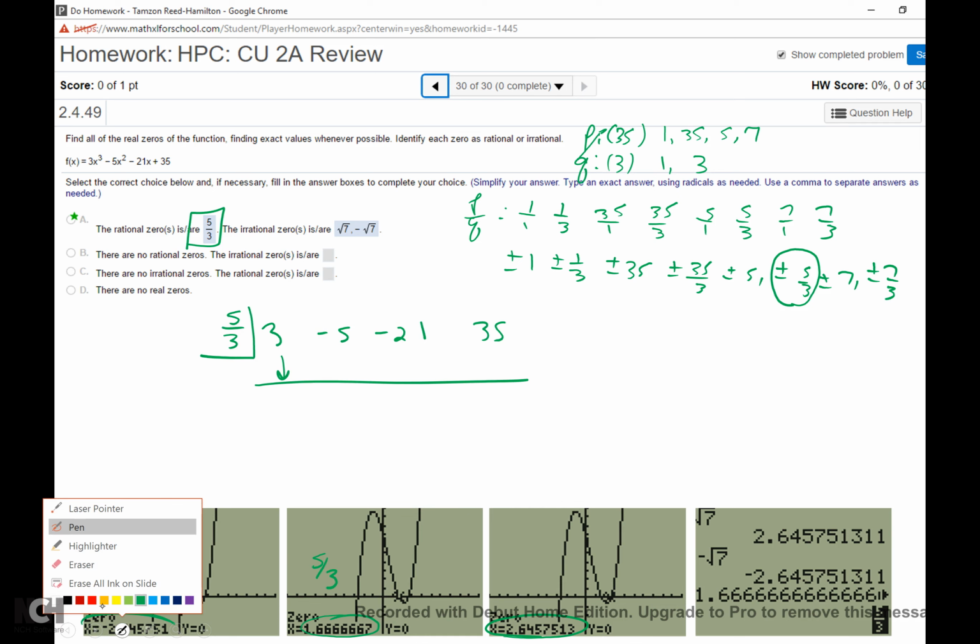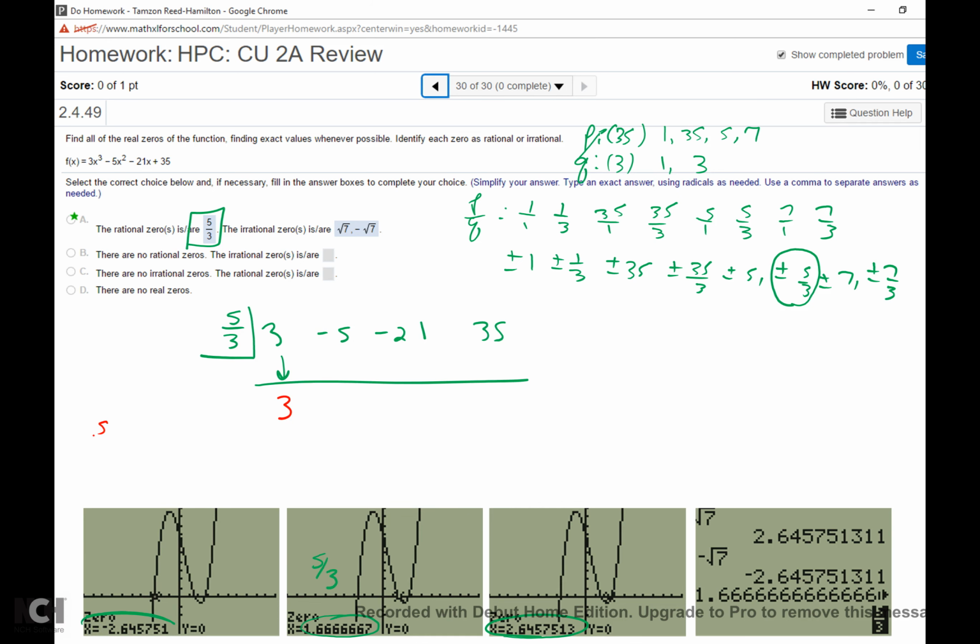If all else fails, you have a calculator. 3 comes out, 5/3 times 3, the 3s cancel, is 5. Negative 5 plus 5 is 0. 0 times 5/3 is 0. Negative 21 comes out. 5/3 times negative 21: 3 goes into negative 21 7 times. That's negative 35, which is 0. Which it better be, or my graph's lying to me.